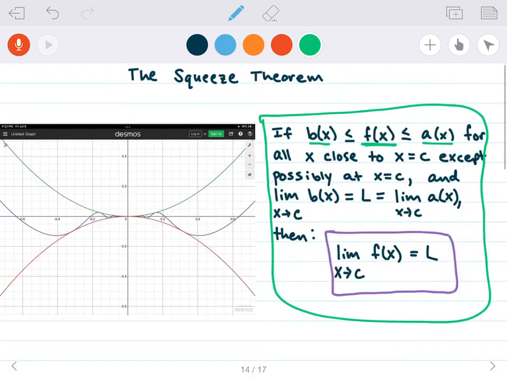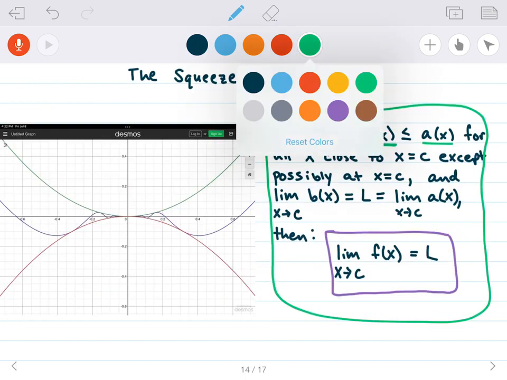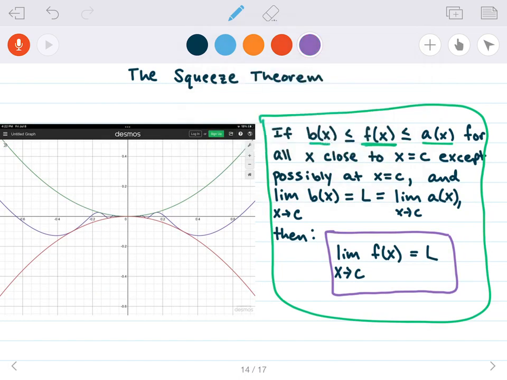So in purple, we have x squared cosine 1 over x, and we want to see what the limit is as x goes to 0.